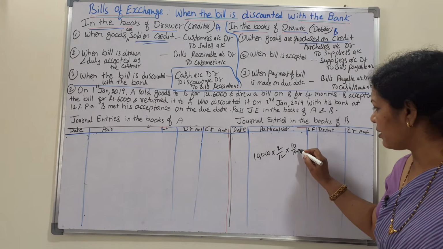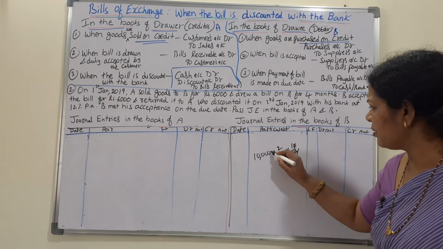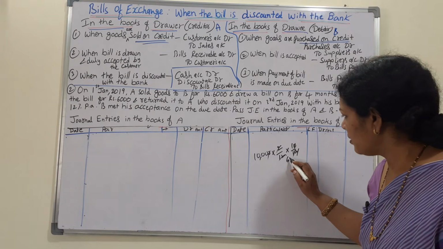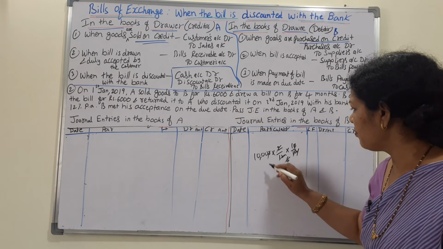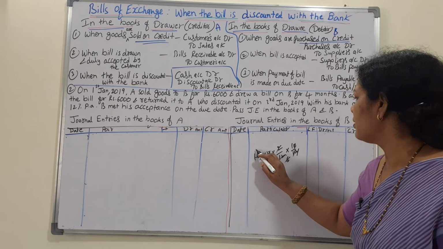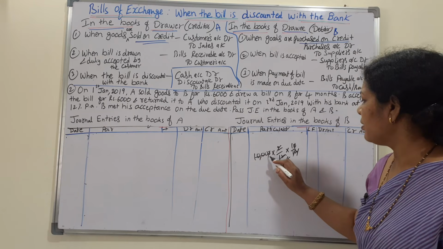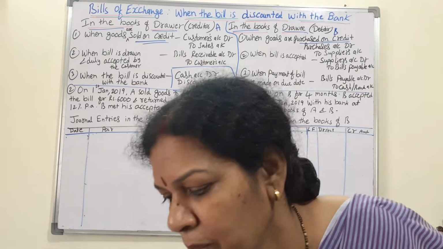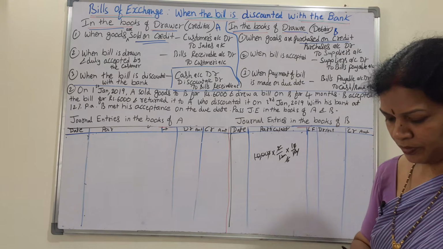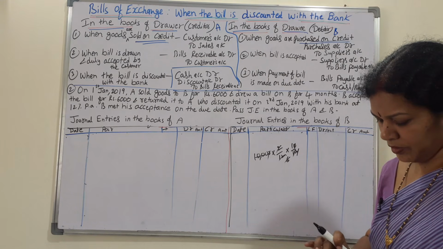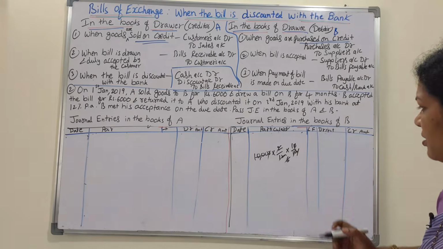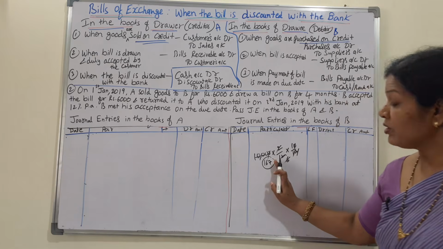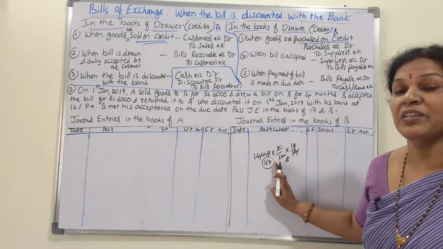So if we calculate like this, approximately 10,000 into 1 by 6 into 10%, how much does it come? It's 167. So this is the discount amount, 167 discount.